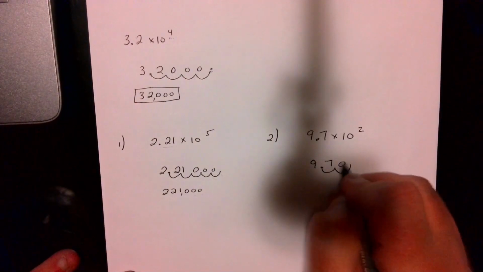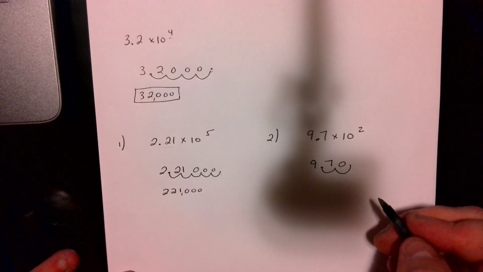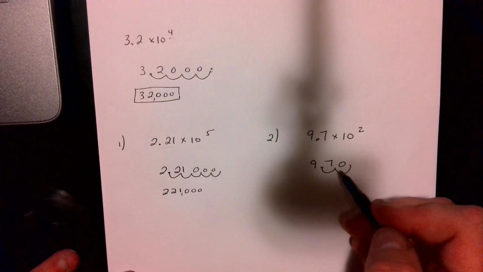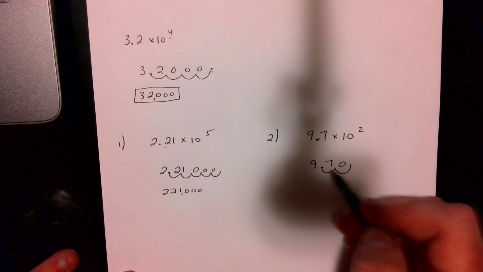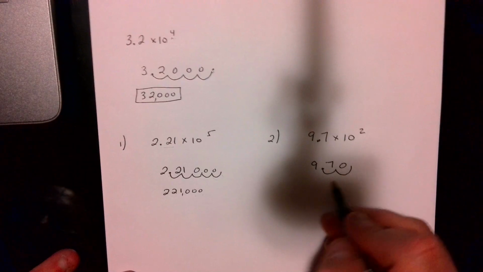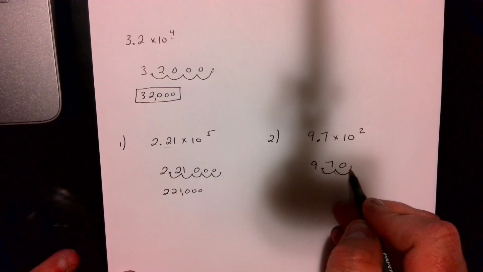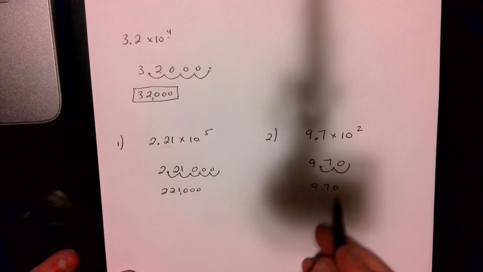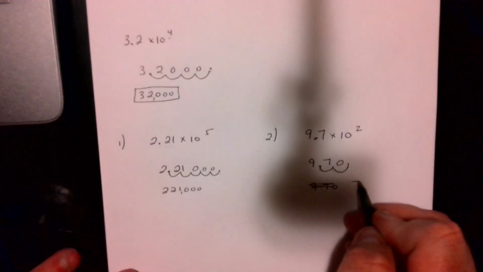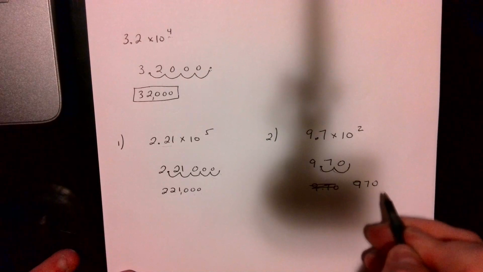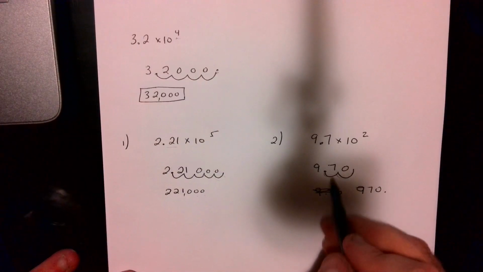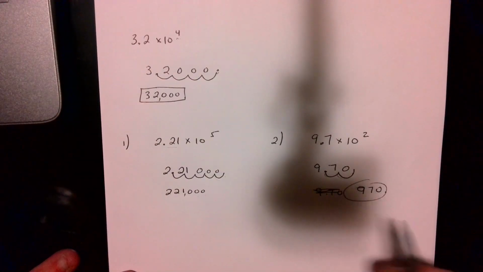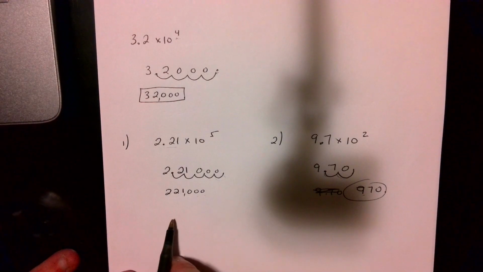Well, we only got to put in 1 zero. So once again, be careful how many zeros you add. Now, don't do this. This is another thing that kids do. You move the decimal 2 times. Don't write your answer as 9.70. You move the decimal over. It's 970. The decimal is now at the end, right? You moved him. So don't leave the decimal over there.